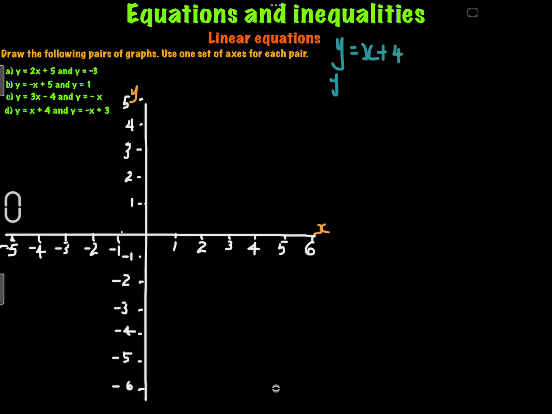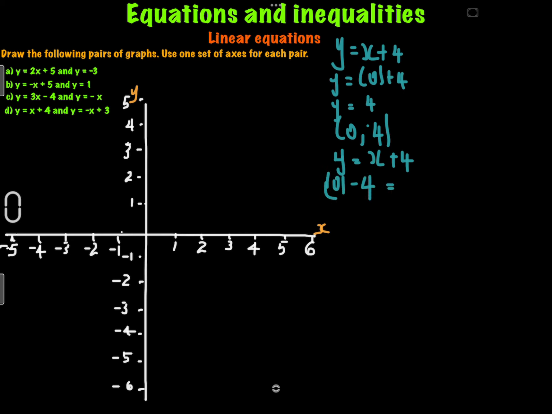So we have y is equals to, so x in this case is just simply 0 plus 4. So y is equals to 4. So when x is equals to 0, y is just simply 4. So let's see what happens when y becomes 0. So when y is equals to 0, we have negative 4 is equals to x.